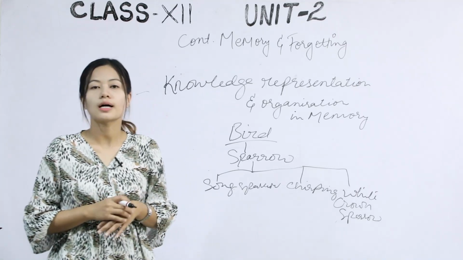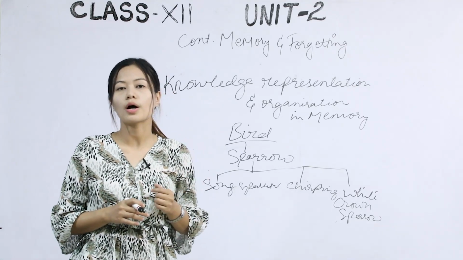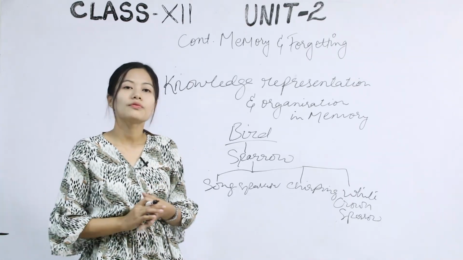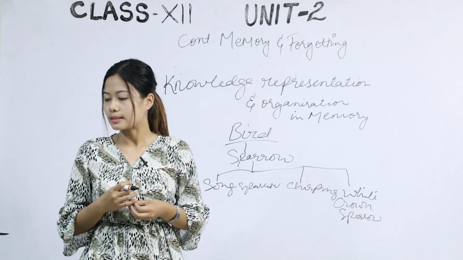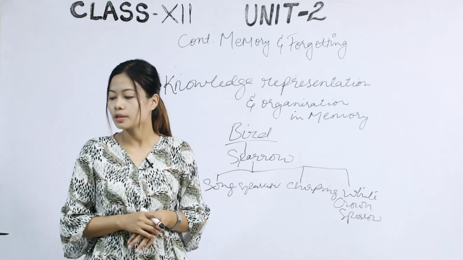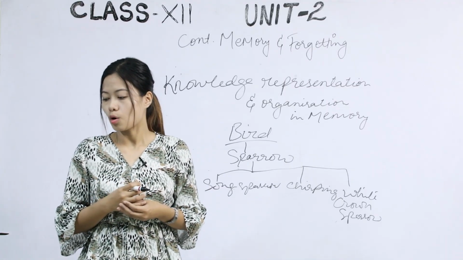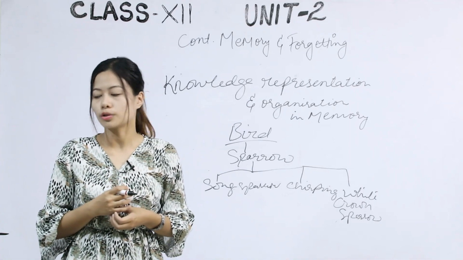Now let us look at the higher level of organization that concepts acquire in long-term memory. There are various theories of how knowledge is represented and organized in the mind: rule-based production models, distributed networks, and propositional models.